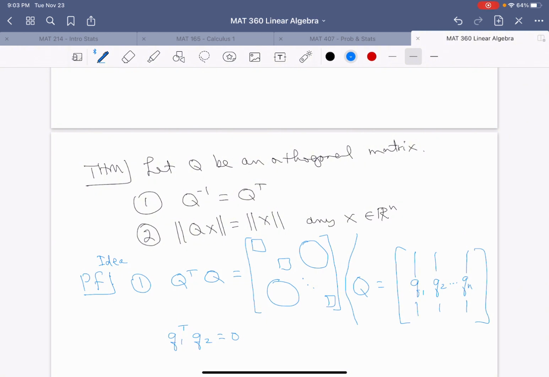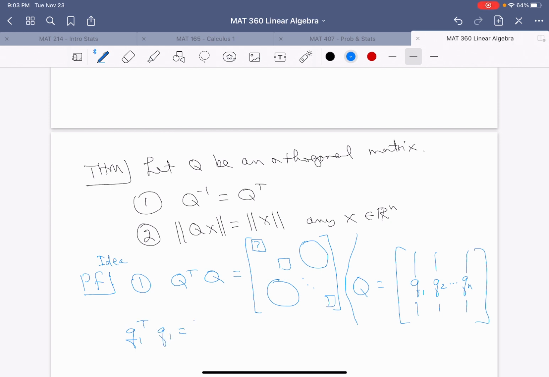And if we're looking at one of the values along the diagonal, like what goes in the first row and the first column, that's pretty obviously going to be Q1 transpose times Q1.